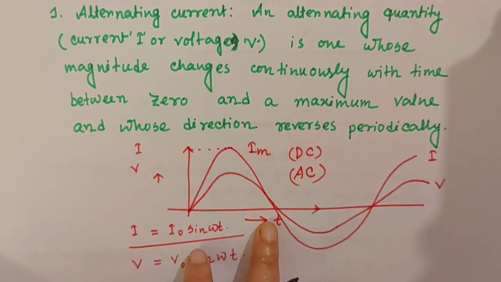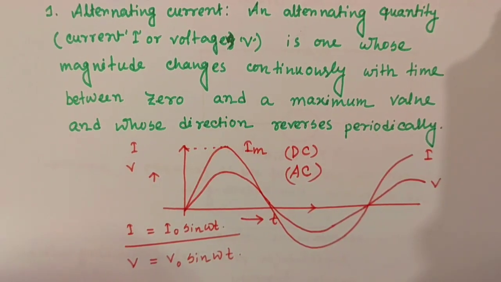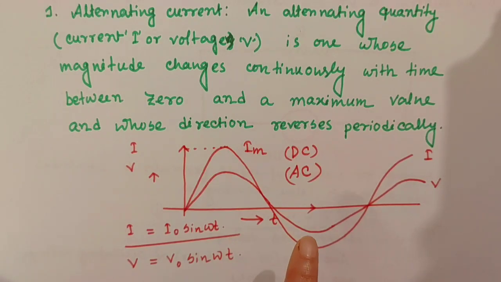It happens because the current and the voltage vary identically with time, reaching their maximum values at the same time. So when this situation happens, we can say they are in the same phase. So this relationship we can understand by this figure.